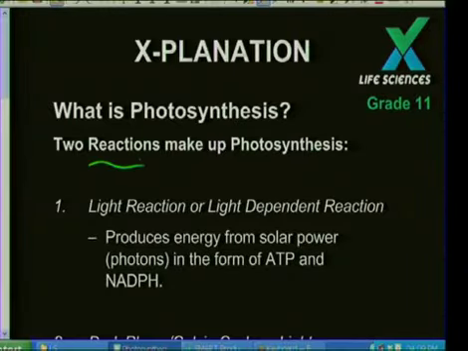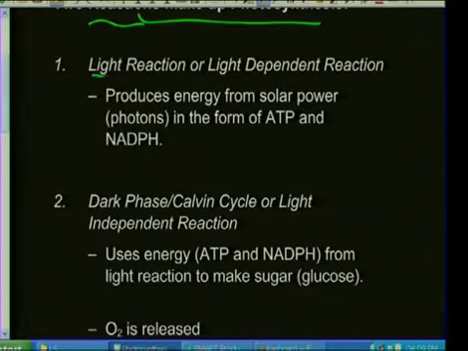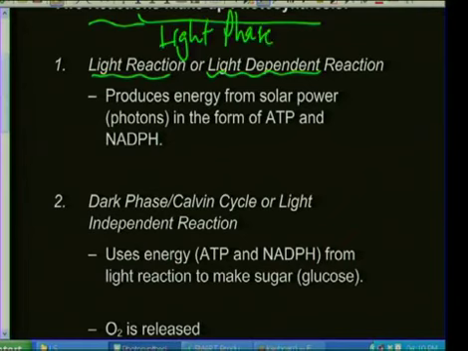First of all, two reactions make it up. We have what we call the light reaction or light dependent reaction, or we can call it the light phase. So that's the first phase that we talk about. That means this phase is dependent on light. Light is necessary for this phase of photosynthesis.